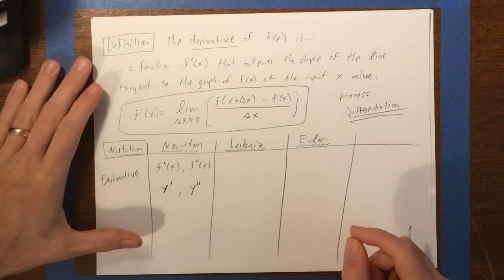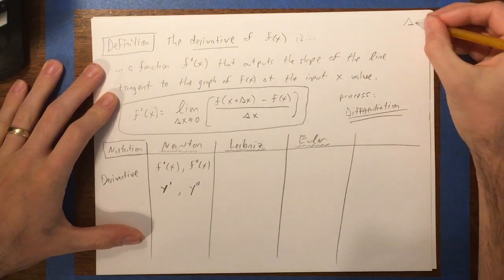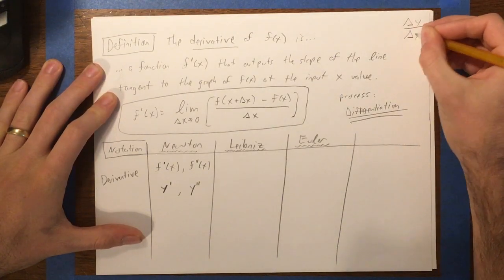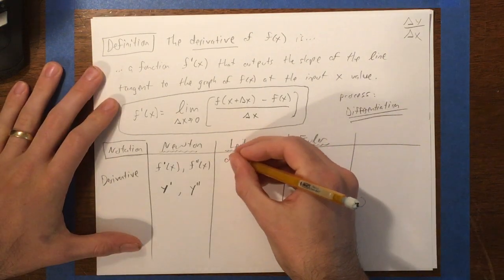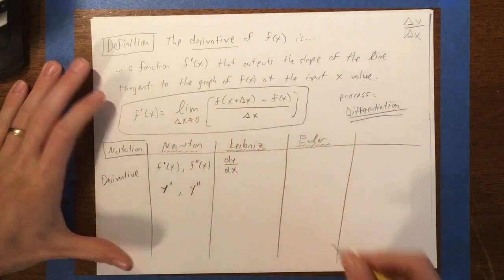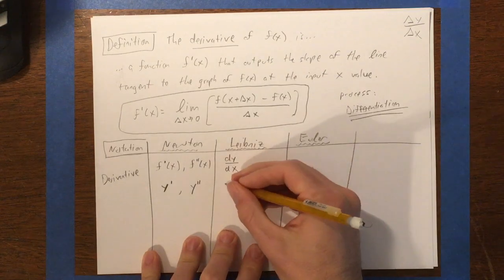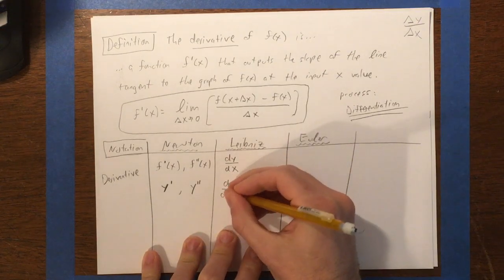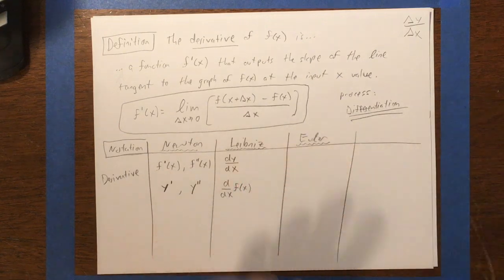Leibniz used a different notation. You remember that I'll just write it in the top corner here, we were dealing with delta y over delta x, right? Leibniz came up with this notation, which is dy over dx. This means the derivative of y with respect to x. Another way you can write that is d over dx of f of x, if you wanted to write it in terms of the function f.